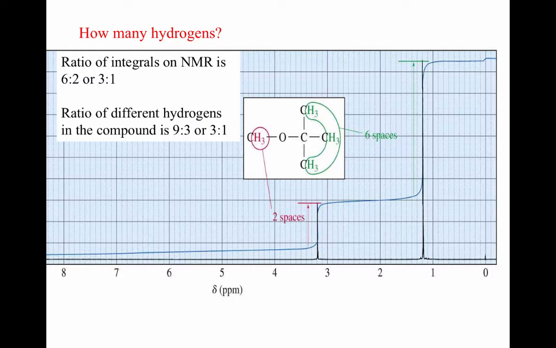Okay. So if we look at this integral trace, we would be able to measure this height with a ruler, compare it to this height, and we would see that it's a 1:3 ratio. So it tells us that for every one of these, I've got 3 in that other environment.